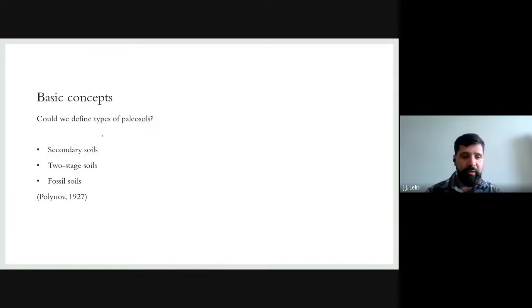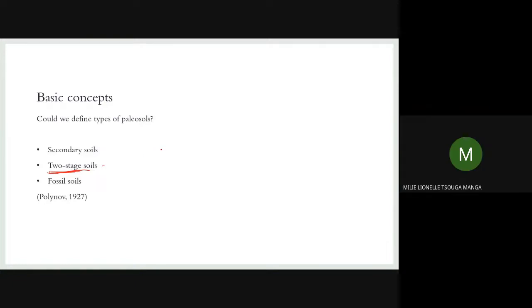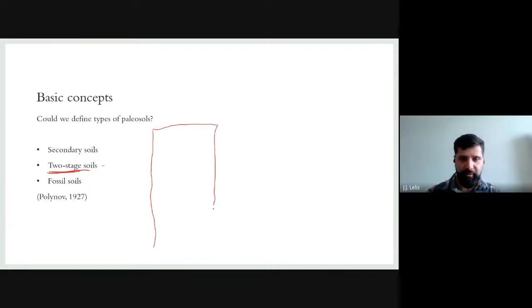We also can identify two-stage soils, because they are soils that have different ages. So we can see some soils like this. Add another one. And in the field, we describe an A horizon, a B1 horizon, a B2 horizon, and a C horizon.